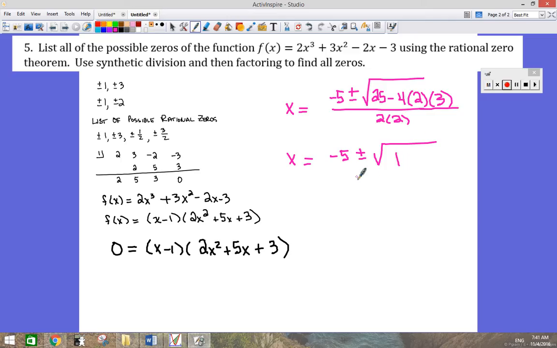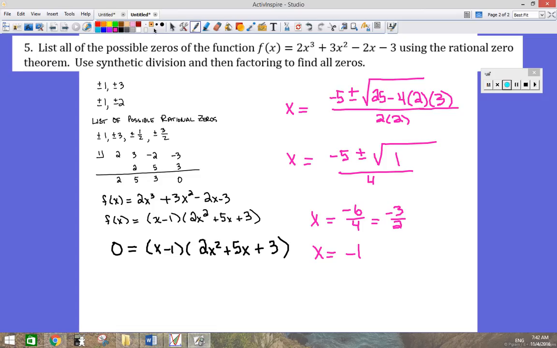That's 1. So hey, it does factor, I just didn't recognize it. The square root of 1 is 1, and if I have negative 5 minus 1, that's a negative 6. And negative 6 over 4 reduces to negative 3 halves. And if I add 1, negative 4 divided by positive 4 is a negative 1.